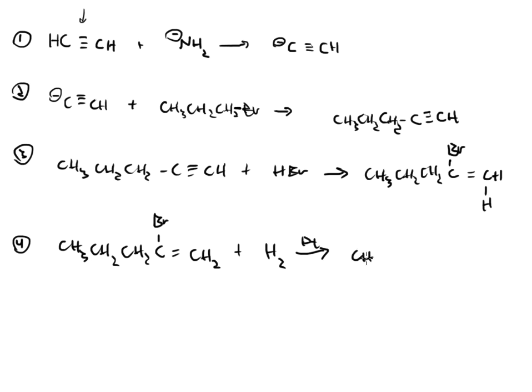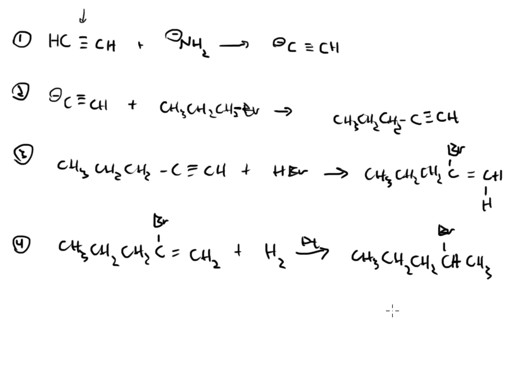And that double bond will now be destroyed to a single bond, which is what this product needs to be. H goes on one side, H goes on to the other. So this is going to be a CH and then a CH3. And there we go, folks. That is the product that we need from this reaction.